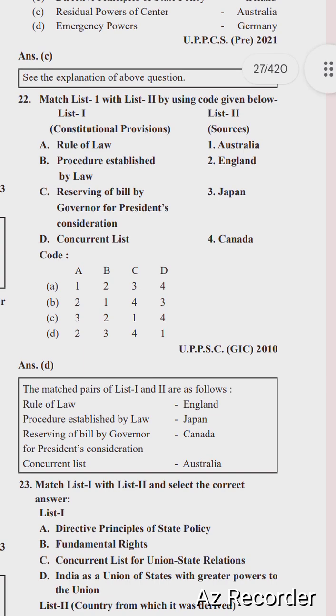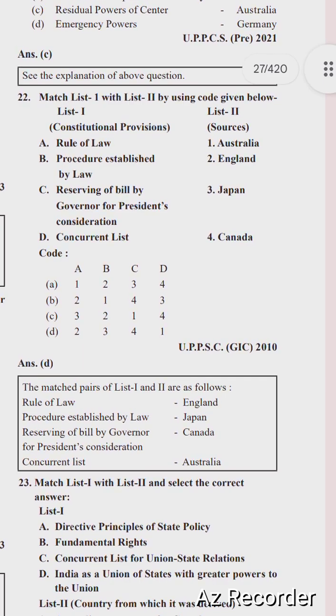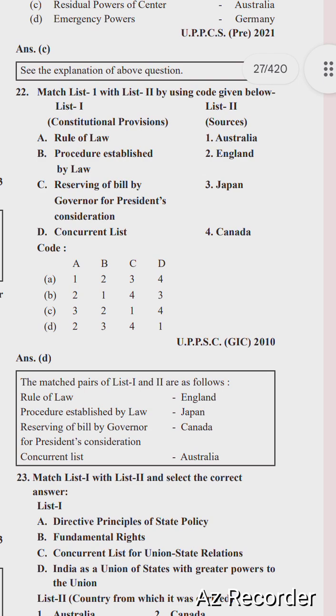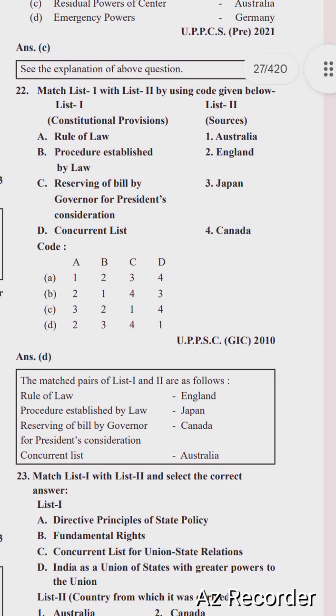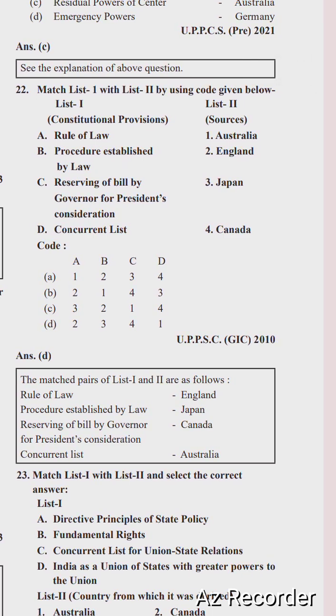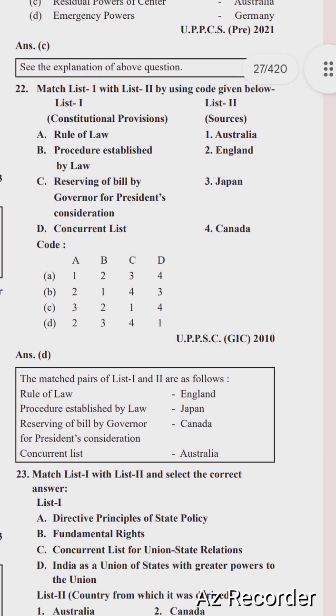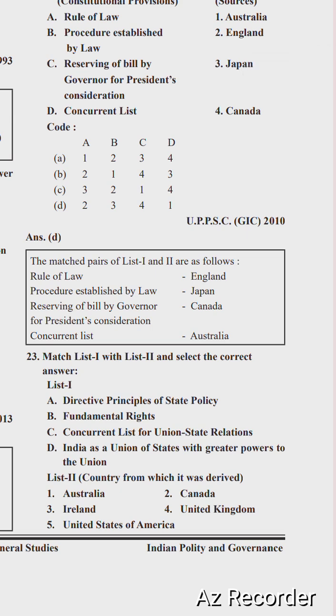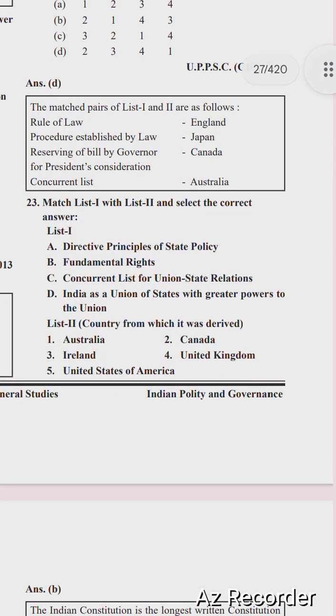The right option is option D. Rule of law is related to England, procedure established by law is related to Japan, reservation of a bill by the governor for the president's consideration is related to Canada, and concurrent list is related to Australia.